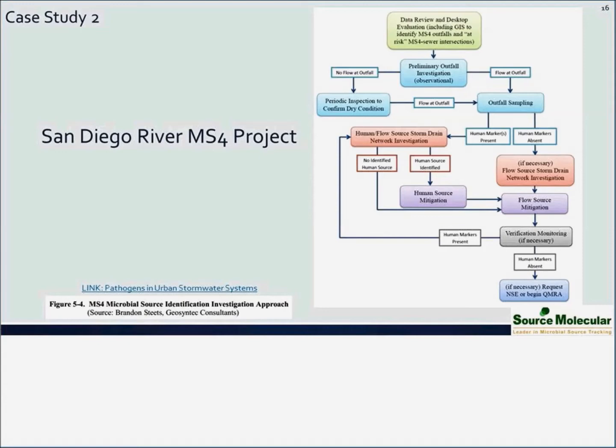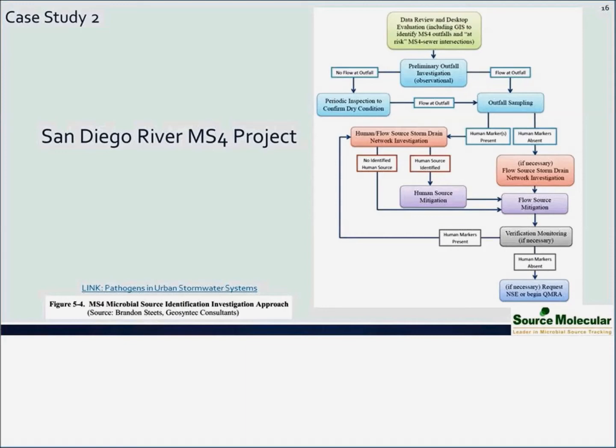Finally, you mitigate the flow from the key areas in the discharge where you're finding source tracking markers, then do verification monitoring for human markers, again, and fecal indicator bacteria until you find no more human pollution.